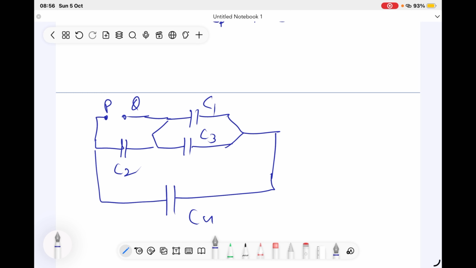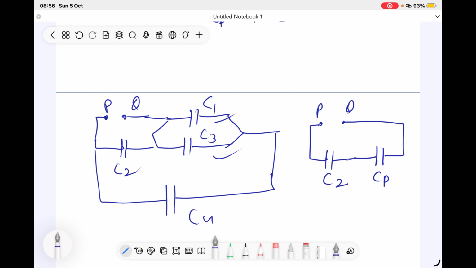And now that I have found the answer of C1 and C3, I will replace these both by that Cp. So the rest of the diagram will remain as it is. This is P, this is Q. So this is C2. And now the answer of C1 and C3 is to be connected here, which is Cp. And then we have C4 as it is. So this is 6, this is 12, and this is 6.